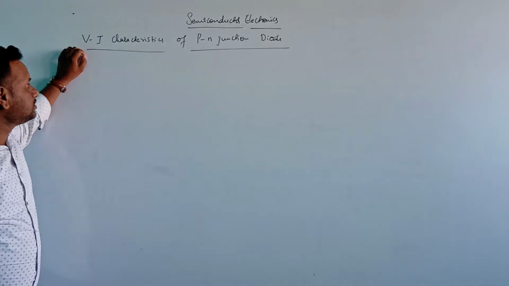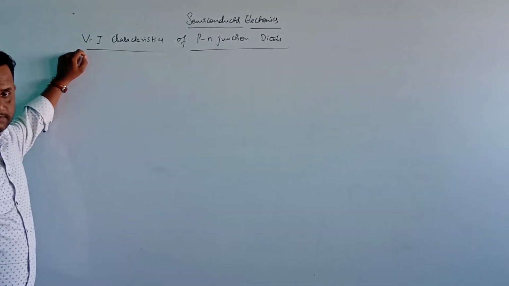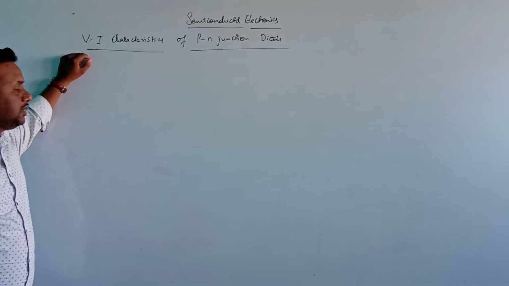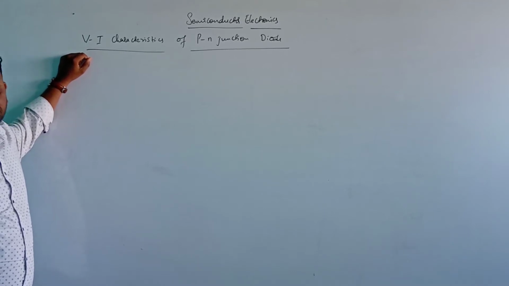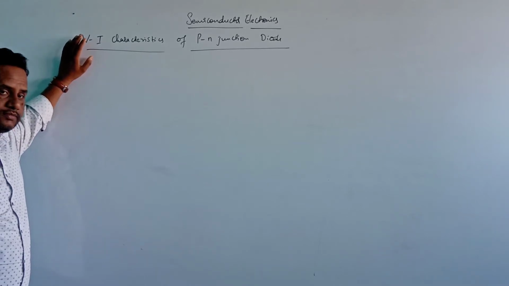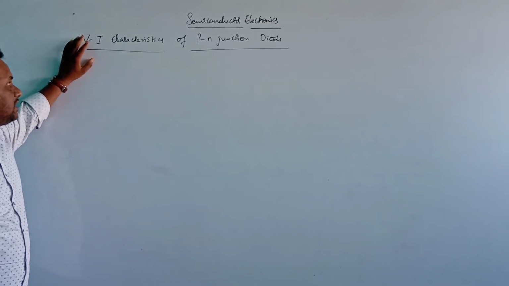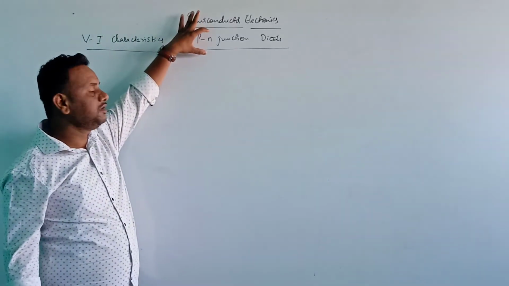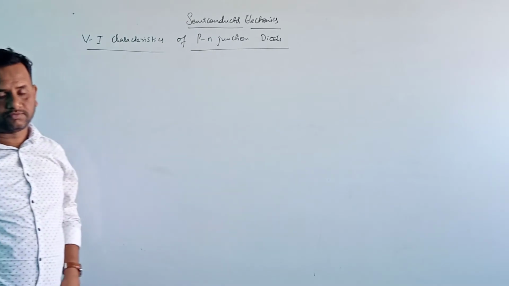So in this characteristics, we are verifying how the current is varying with the applied voltage. Graphically, we are studying the characteristics of voltage and current of a PN junction diode.